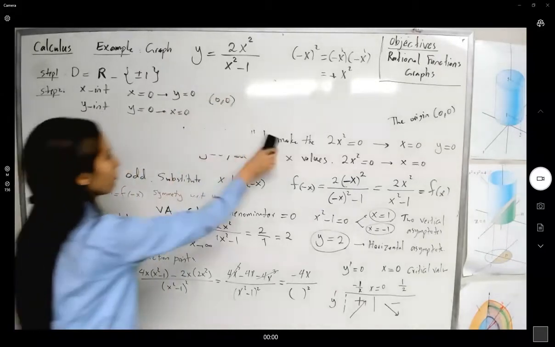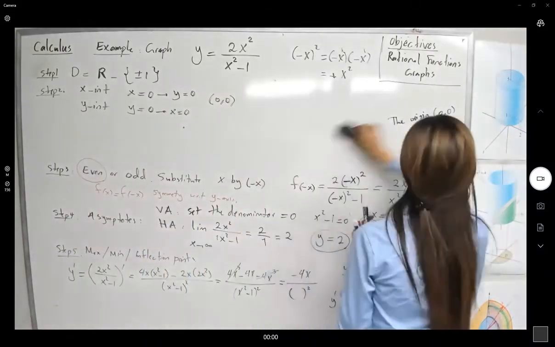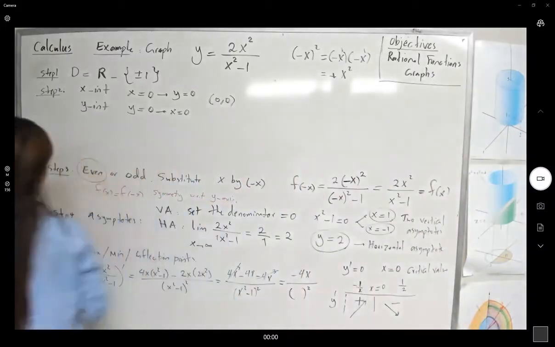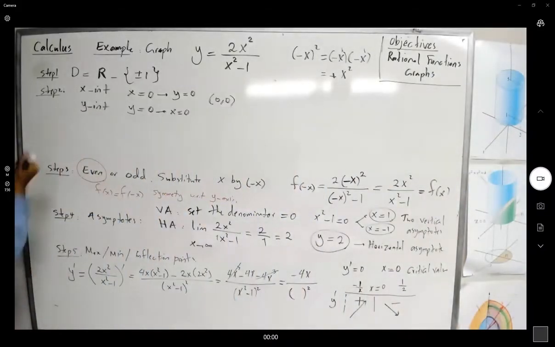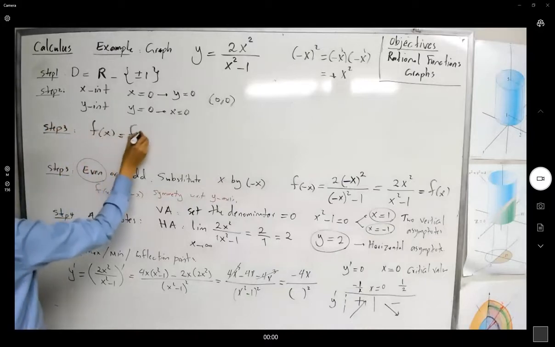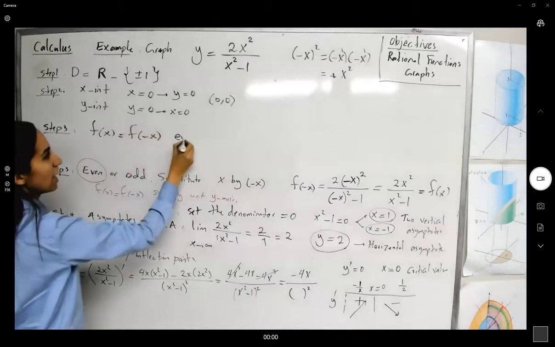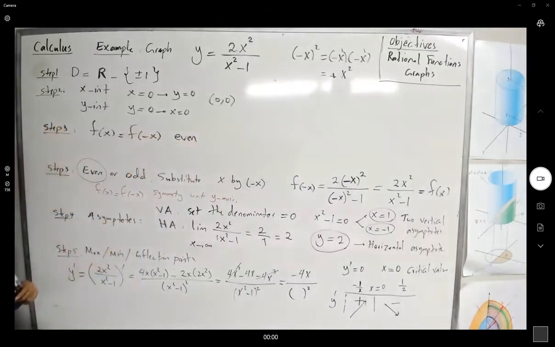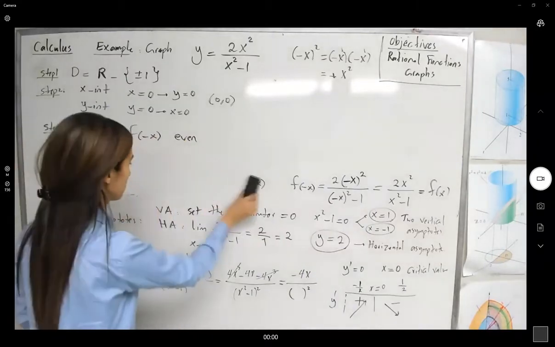In step 3, the function is even. We already know that. f of x is equal to f of minus x. We have an even function. It means that we have symmetry with respect to the vertical axis.